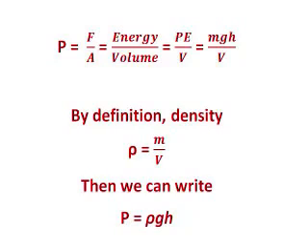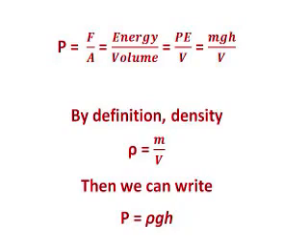Pressure is defined as force divided by area, or rewriting, it can be written as energy divided by volume. In this case, we're talking about potential energy, PE divided by volume. Now, PE can be written as mgh, giving us mgh divided by volume. And m divided by volume is defined as density, or rho.